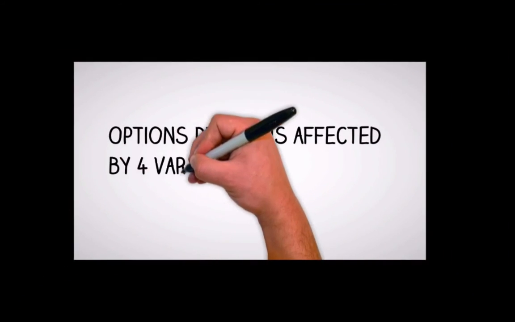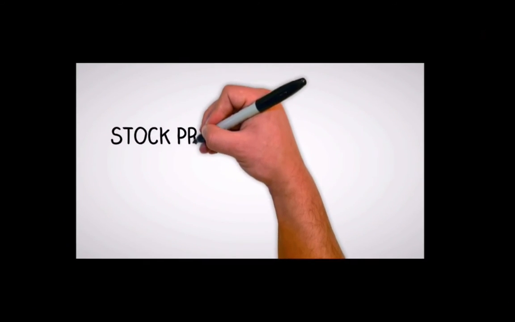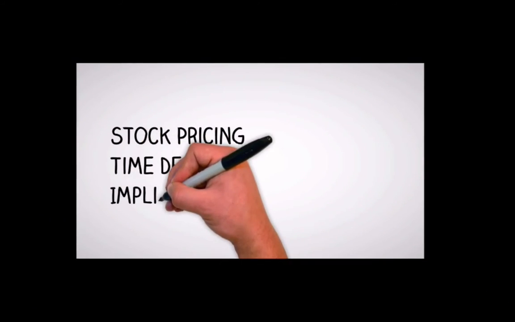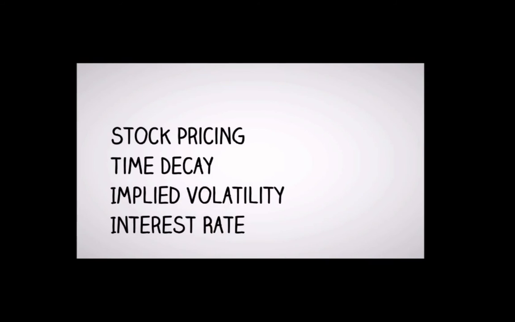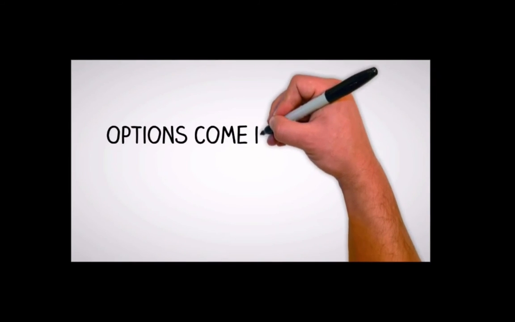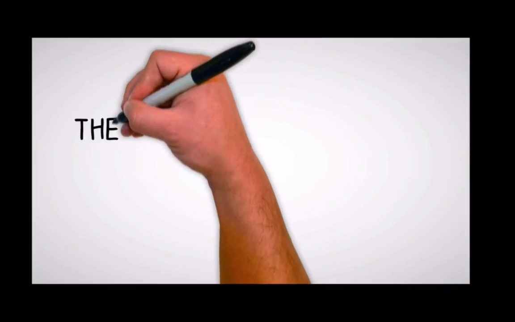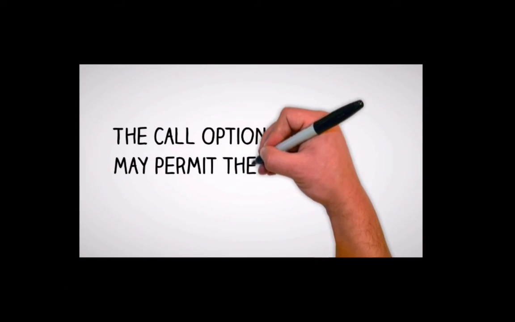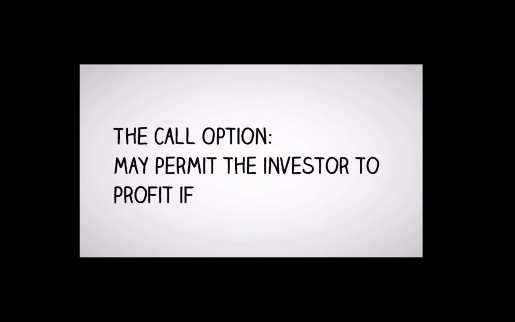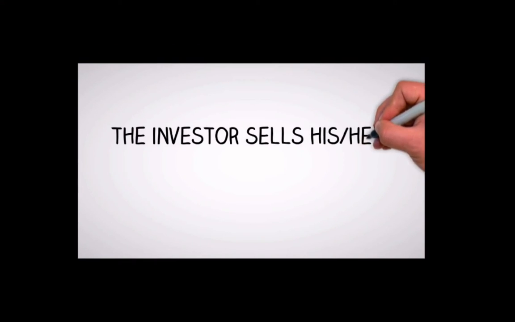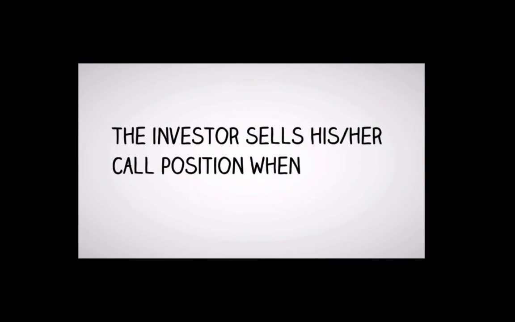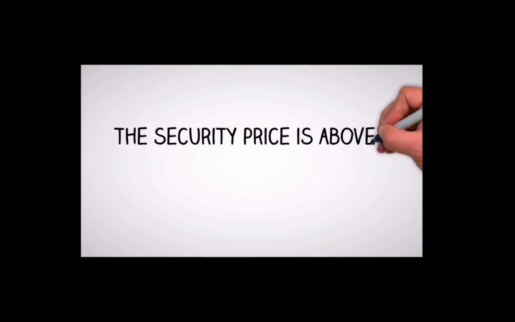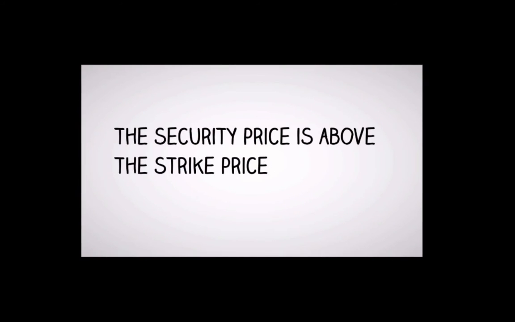And then the option pricing is affected by 4 variables: the stock price, time decay, implied volatility, and the interest rate. And options come in 2 formats: the call option, that may permit the investor to profit if the investor sells his or her positions when the security price is above the strike price.